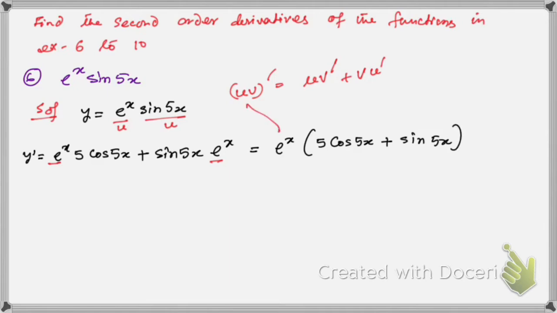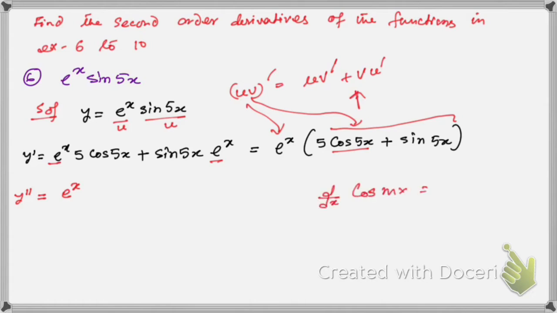So taking e to the power x as u and the terms within the bracket as v, apply the product rule again to get the second order derivative. Then first function times derivative of second function: derivative of cos 5x, derivative of cos mx is minus m sin mx, so it will be minus 25 sine 5x.